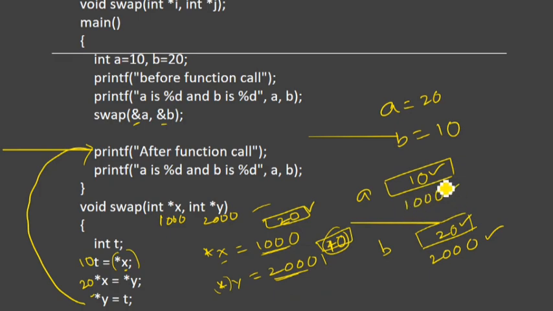Previously address 1000 was 10, but now the value there is 20, replaced by 20. And address 2000 was previously 20, now as per our discussion it stores 10.